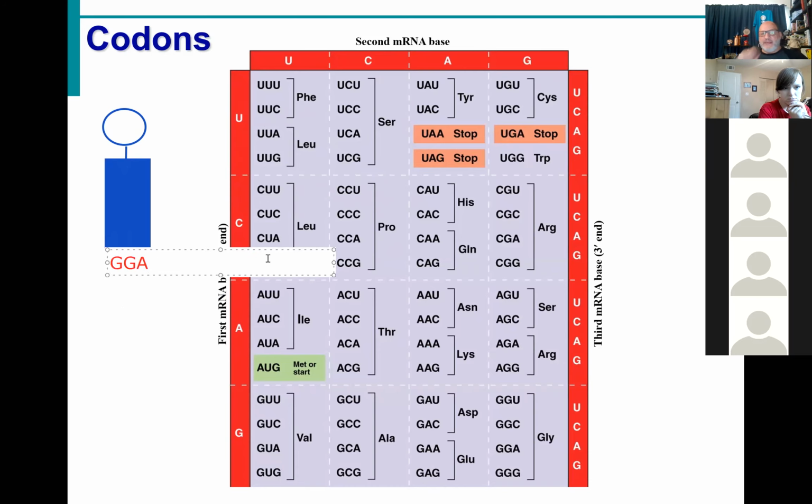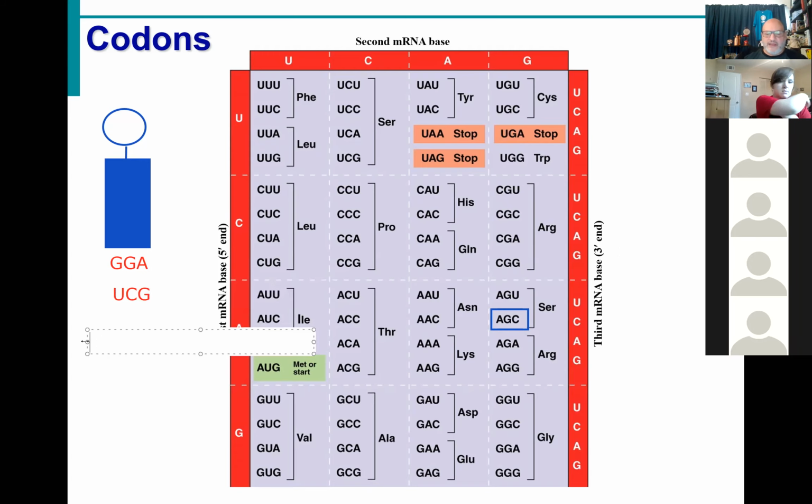If our codon was AGC, what would our anticodon be? UCG. See how easy that is? If you know the messenger RNA codon, you know the transfer RNA anticodon, just using those base pair rules.